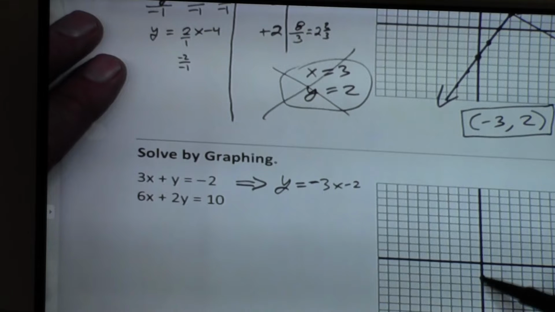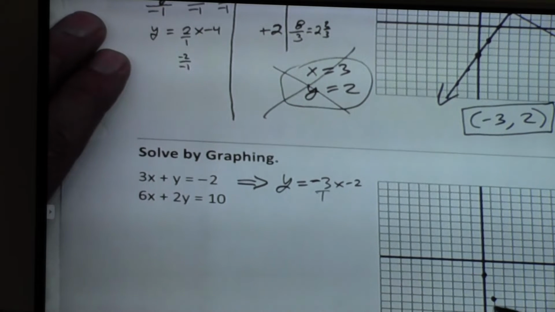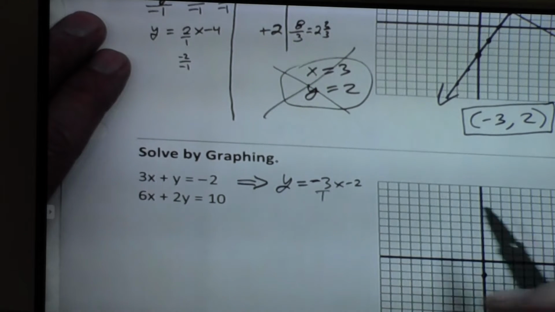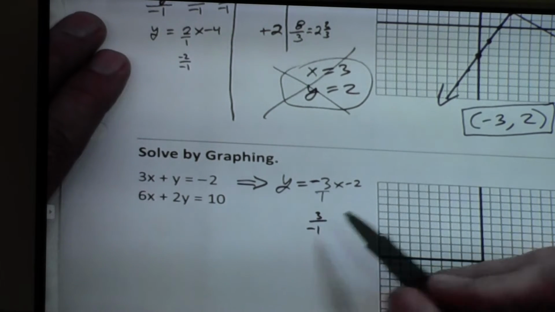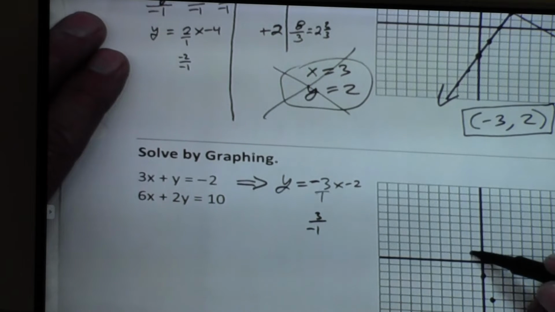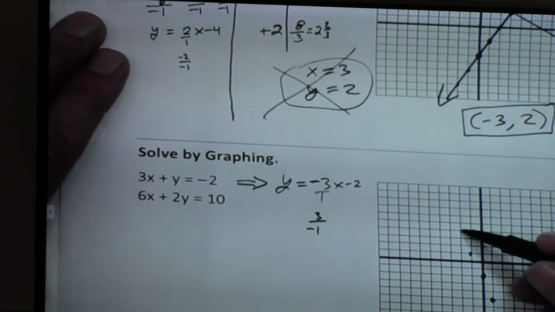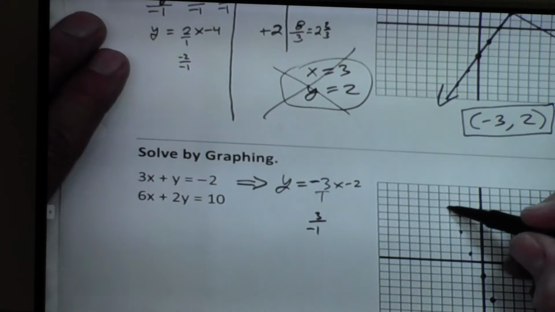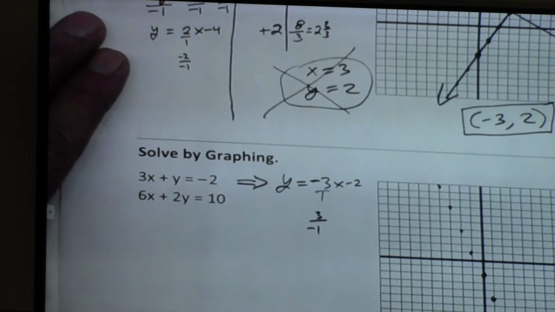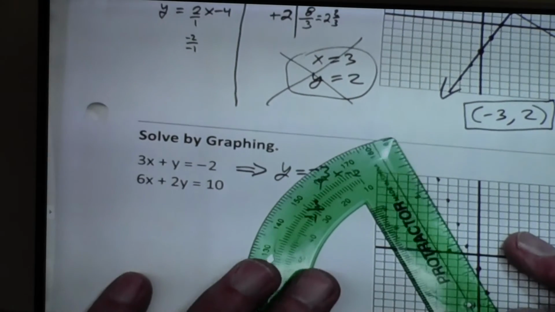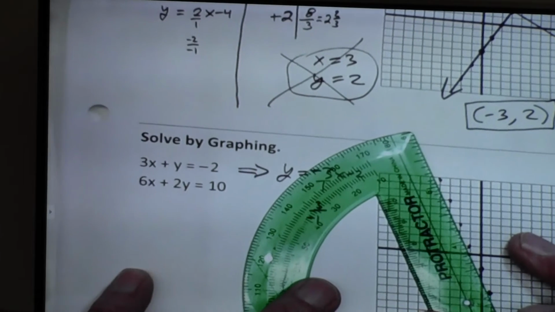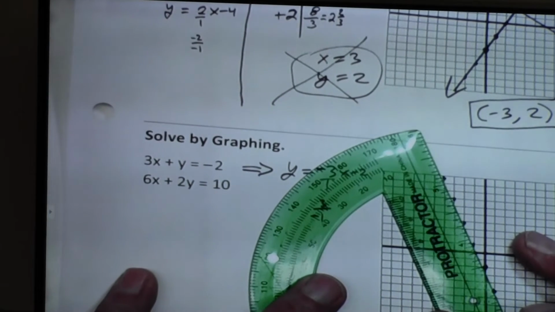I go down to where -2 is, and I have a slope of -3 and 1, -3 and another 1. I can make that 3 over a -1, so I can go the other way, but it's still the same line. 3 and -1. It just allows me to go to the other part of the graph and give me more dots to draw a good line with.